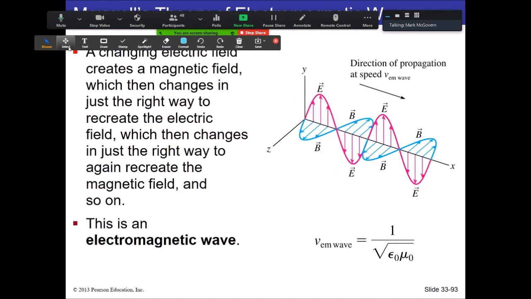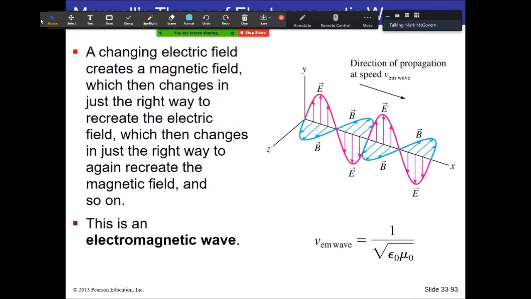One of the things that ultimately came from this was the idea that changes in, say, an electric field will create a magnetic field. So if we change that electric field, we can change the magnetic field, but the magnetic field produces change in the electric field. So you basically have this oscillatory behavior between the two fields.